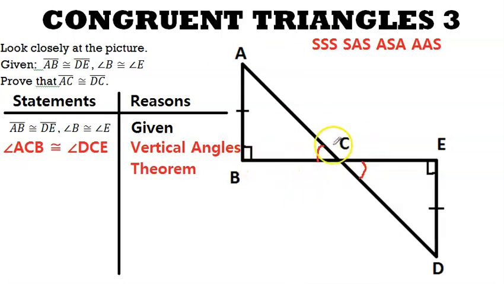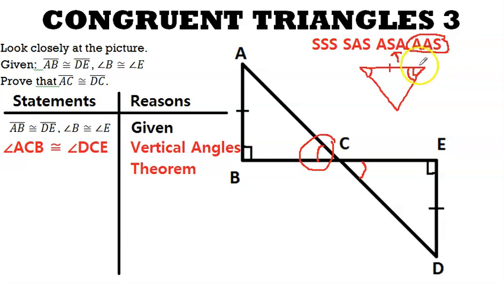Now, if you look, we have 2 matching angles on each triangle, and we have a matching side. The reason I am going to choose angle-angle-side here is because the side is not included. Angle-side-angle would look something like this, where the side would be in between the 2 marked angles.